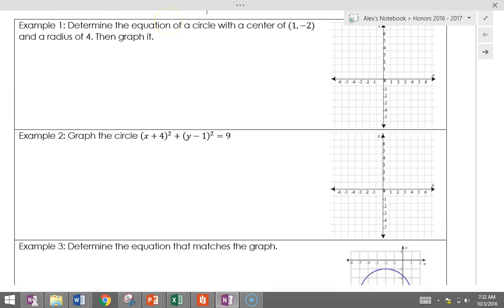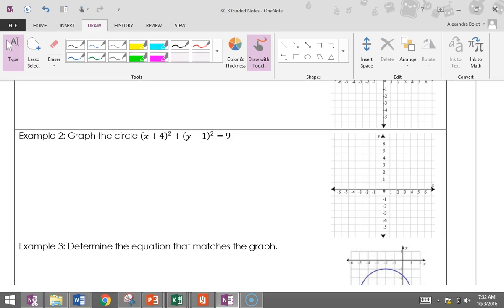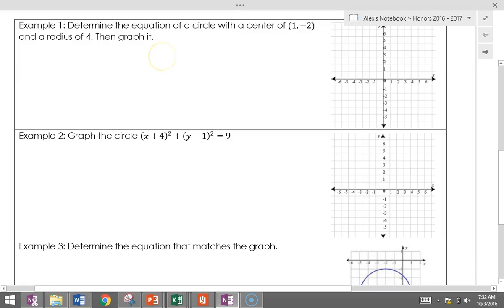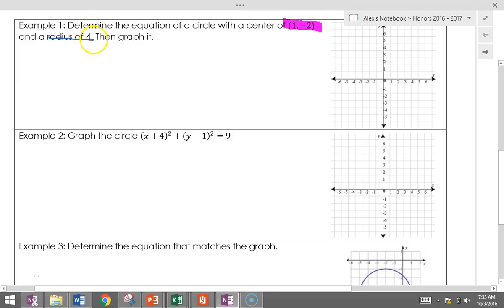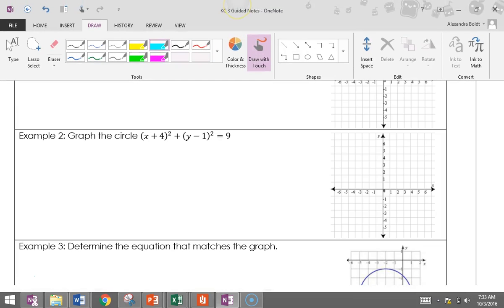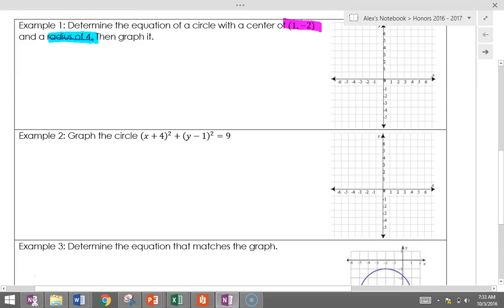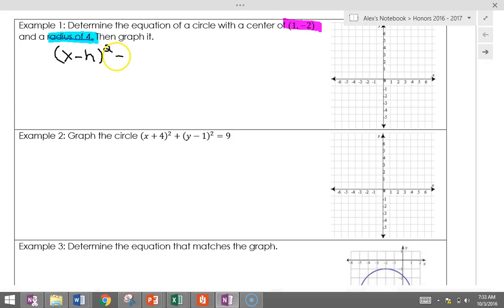Example 1. Determine the equation of a circle with a center of (1, negative 2) and a radius of 4. Then graph it. So again, my standard form of a circle is (x minus h) squared plus (y minus k) squared equals r squared.